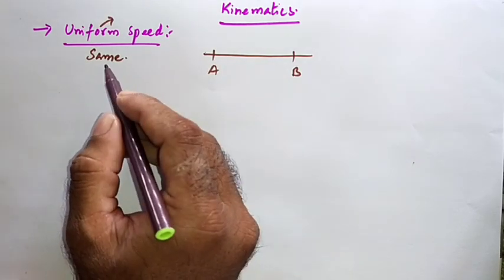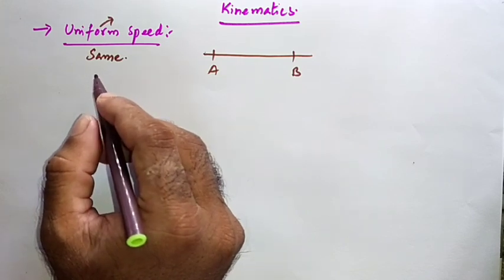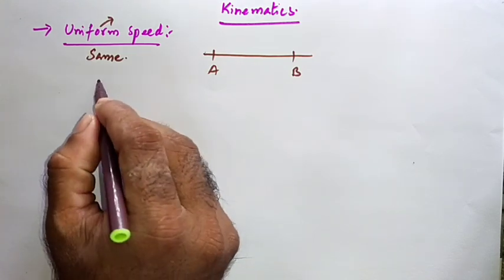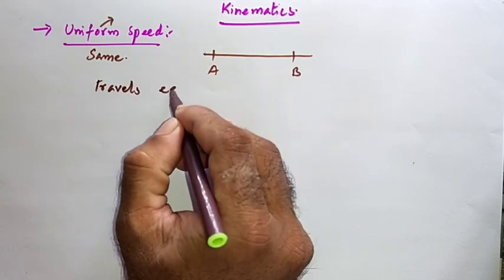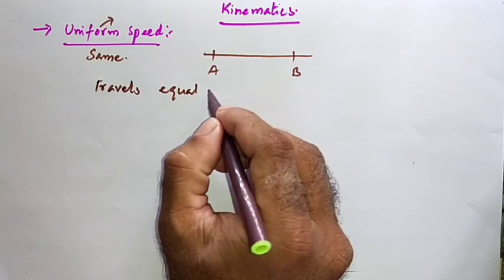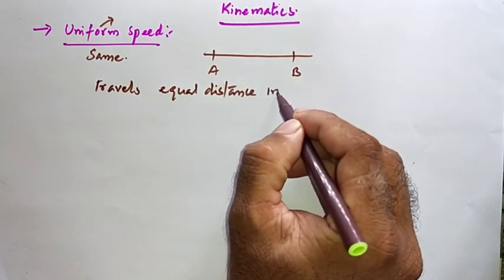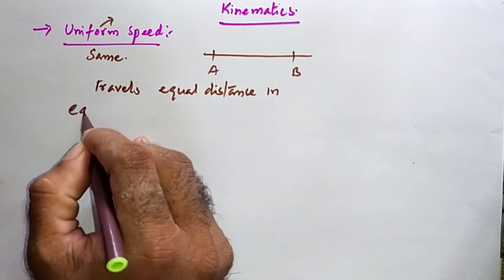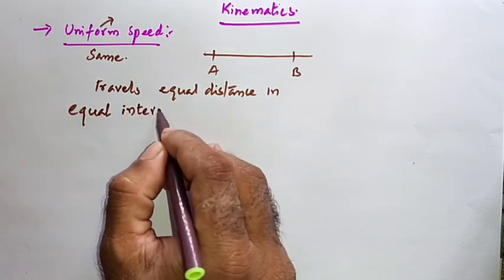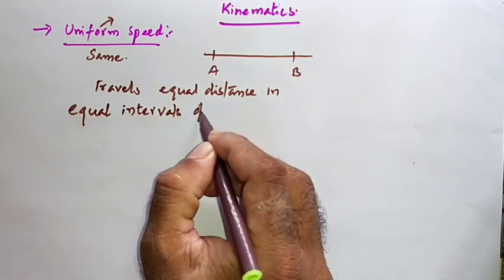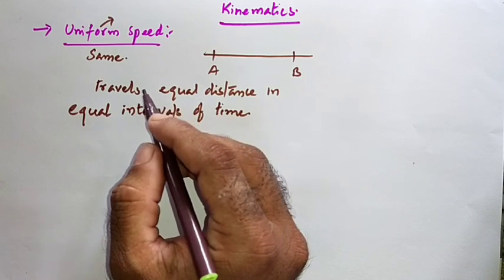The body has uniform speed if it covers equal distance in equal intervals of time.